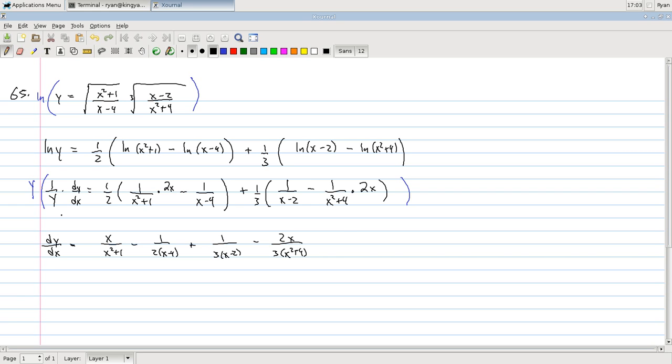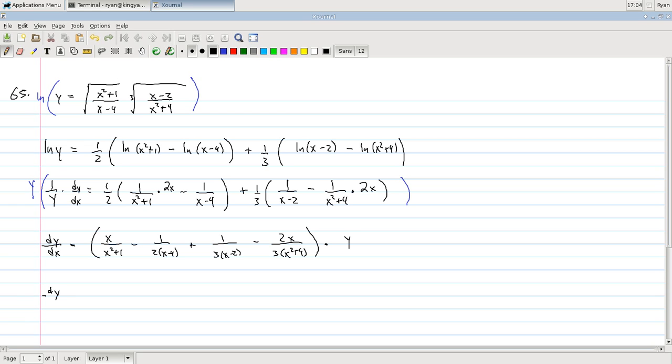And we multiplied both sides of the equation by y, so we'll multiply this by y. And then finally, since the original problem didn't have any y's on the right-hand side, we want to replace this y with the definition for y, which is this expression right here.